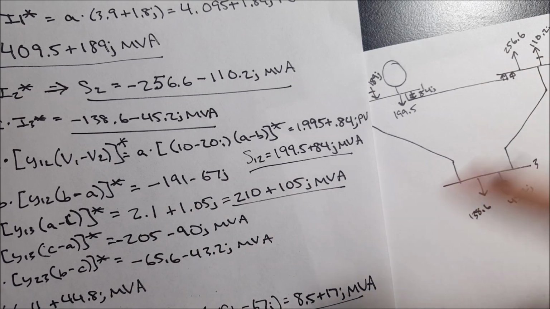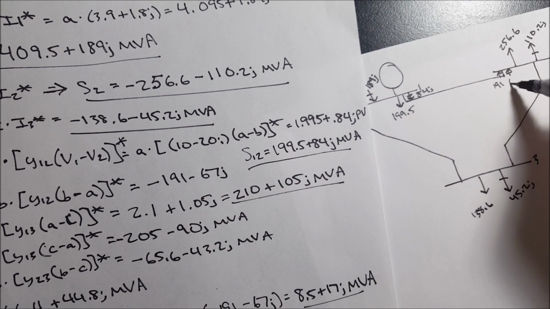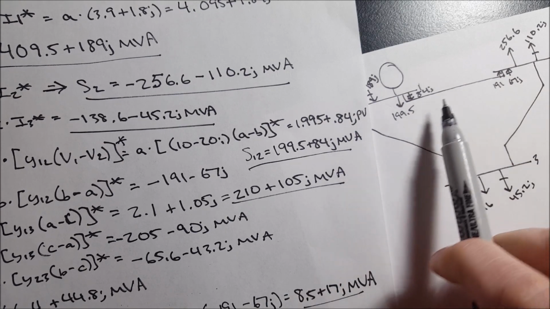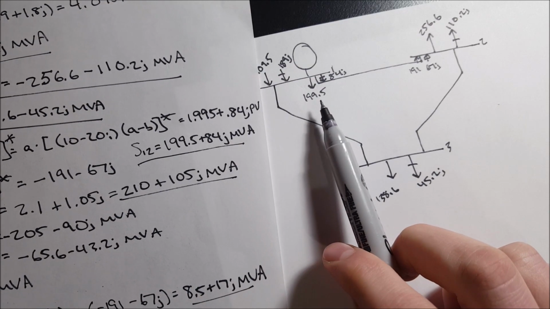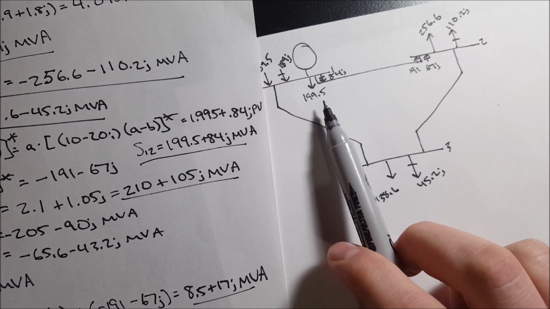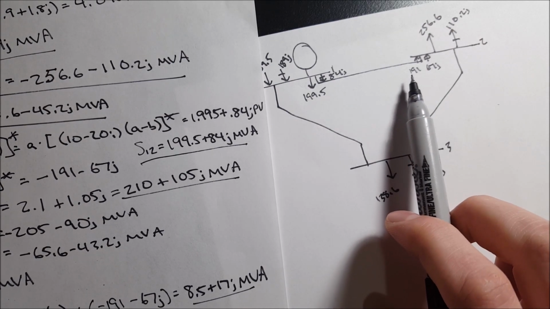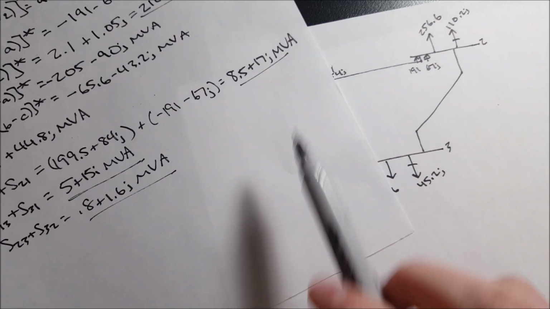Our real is 191 and imaginary is 67J. Then we can find out what our loss is. If we look at our real, it's 199.5 and 191, so we would imagine that we lose 8.5 MVA, and looking at the imaginary, we'll lose 17J.